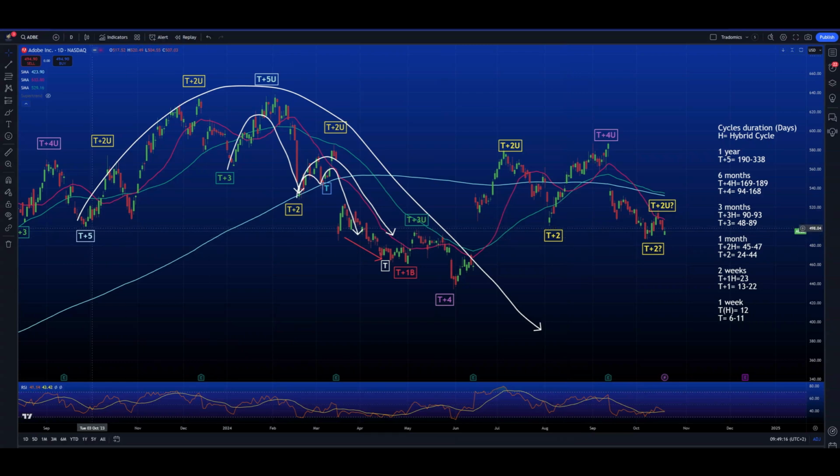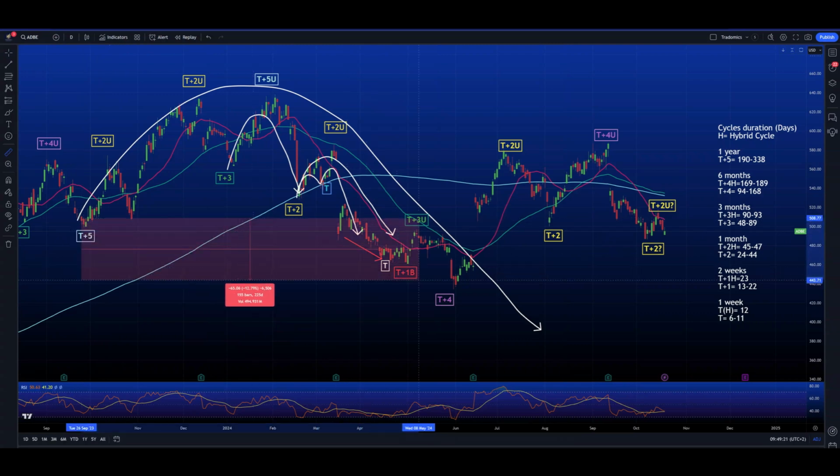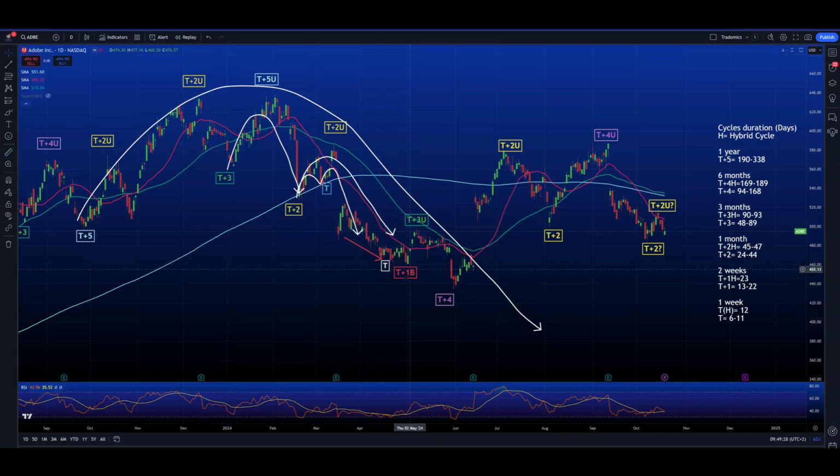We divided this T plus 4 in the first normal T plus 4 duration, which is 149 days, plus a Bayerton, which is 3 degrees less extra time attached to the T plus 4, which is a T plus 1, 21 bars, and therefore we get 169 bars.